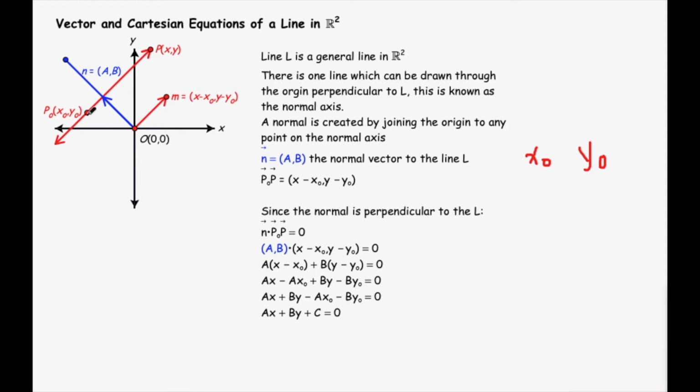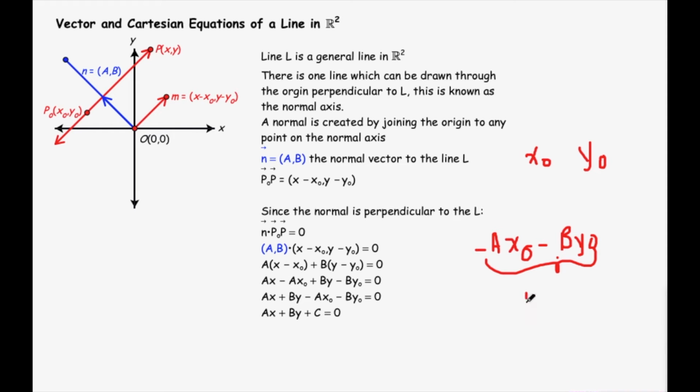That's a given point on the line. It's a known point on the line. These are constant values, whereas the point x, y is a general point on the line, so we're seeing these as variables that can change. So what does that mean? That means minus ax naught minus by naught is just a constant. It's an unknown constant. So what I'm going to do is replace this with the letter C.